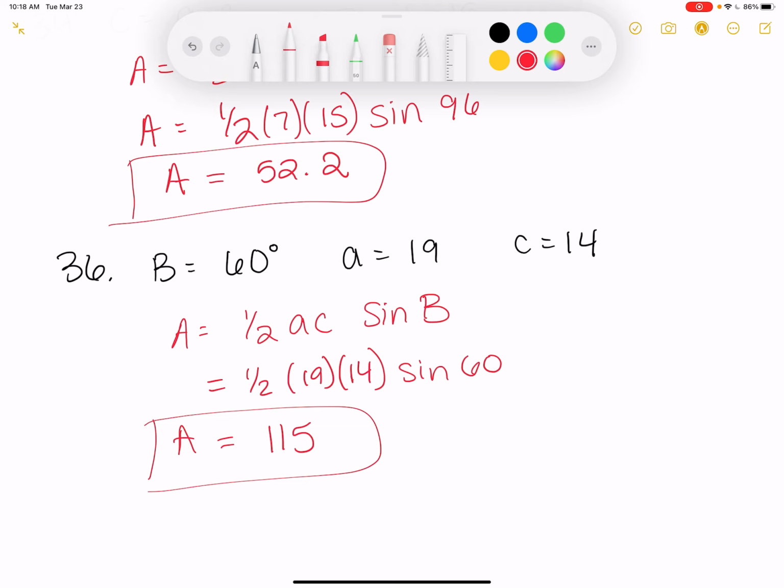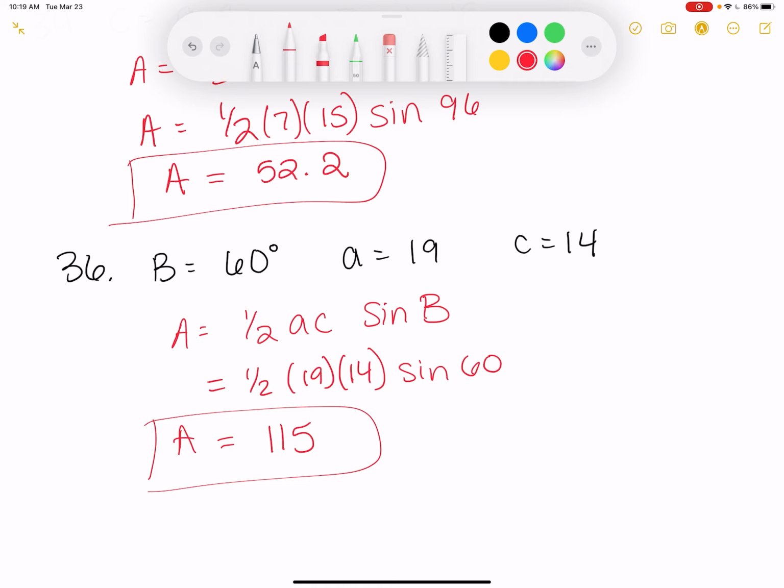Now, the quiz that I currently have scheduled for next Wednesday could move to Friday next week, but I'm also not trying to give you everything the day before spring break, which is what I'm suspicious is going to happen with most of your classes. By that point, we will have another area formula that goes with the next section, so you will have to know which one you're using.